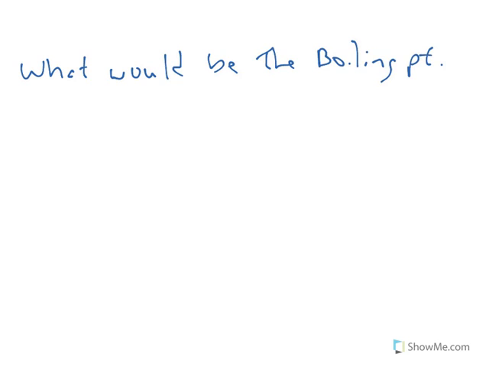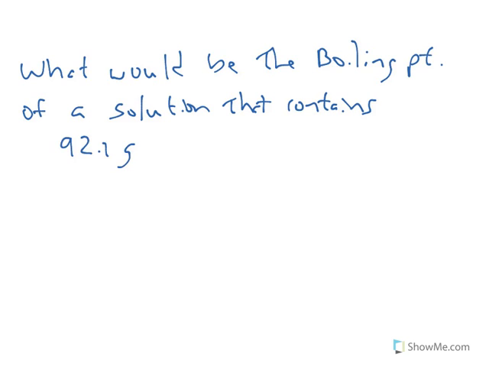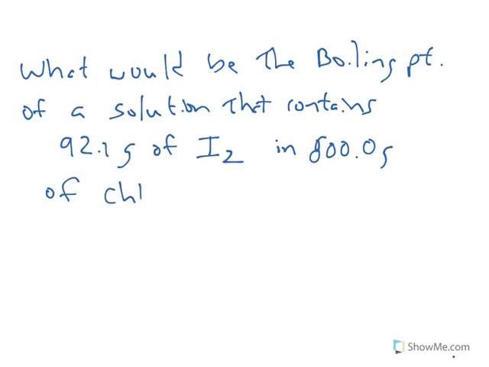Let's take a look at an example. What would be the boiling point of a solution that contains 92.1 grams of molecular iodine, or I2, in 800 grams of chloroform?